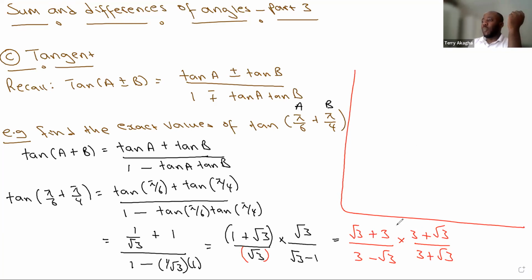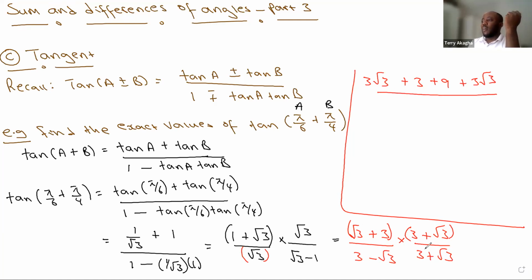So if we go up here to finish it up, you open the bracket. 3 times root 3 will give you 3 root 3, and root 3 times root 3 will give you 3. 3 times 3 will give you 9, and 3 times root 3 will give you plus 3 root 3.